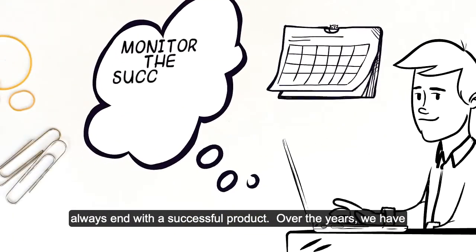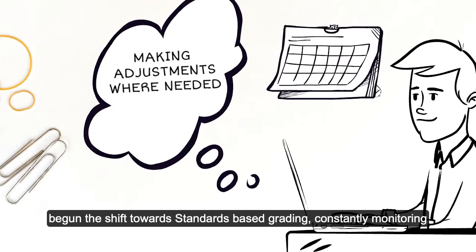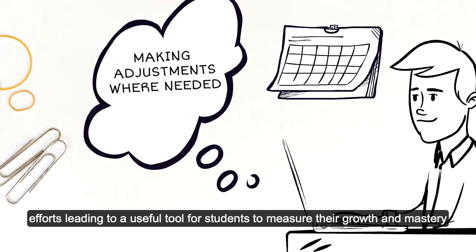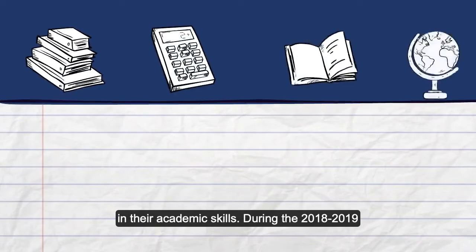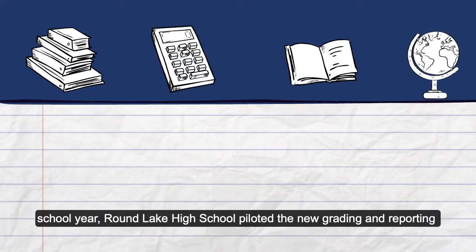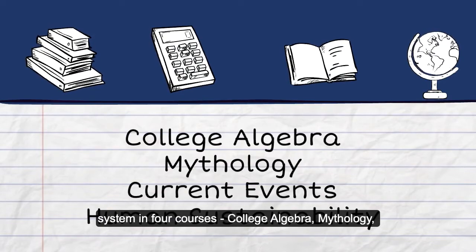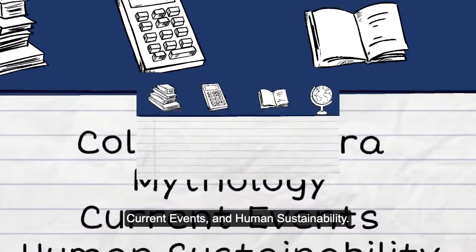Over the years, we have begun the shift towards standards-based grading, constantly monitoring the successes and challenges and making adjustments where needed. All of these efforts are leading to a useful tool for students to measure their growth and mastery in their academic skills. During the 2018-2019 school year, Round Lake High School piloted the new grading and reporting system in 4 courses: college algebra, mythology, current events, and human sustainability.